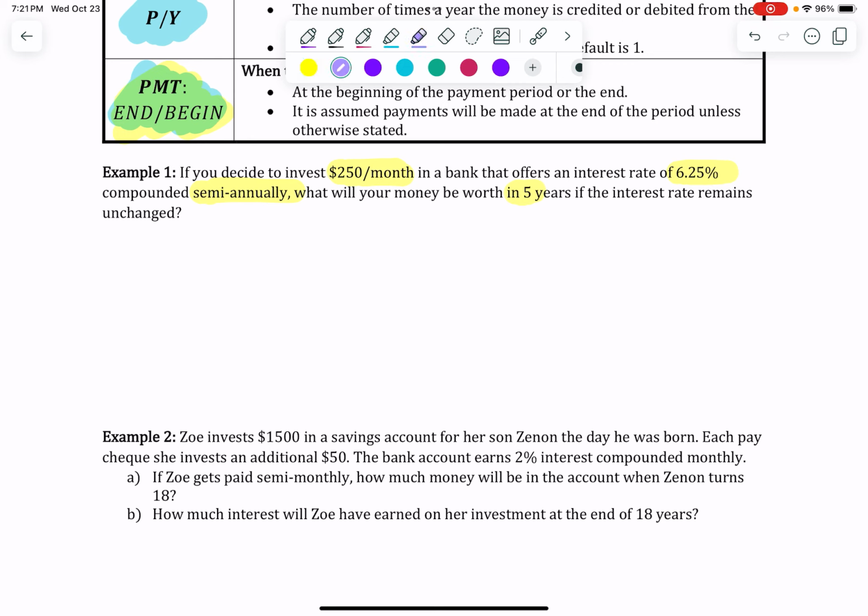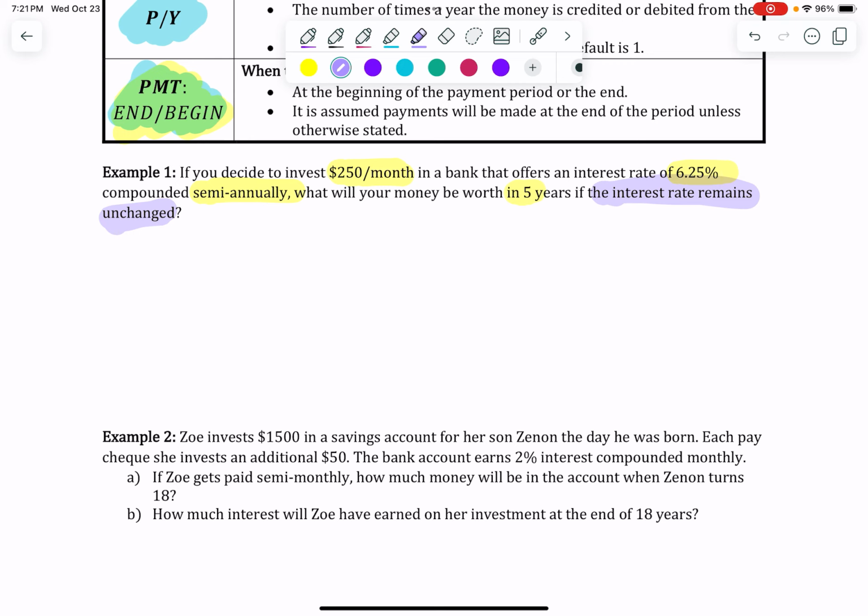Now, something I will point out, it says the interest rate remains unchanged. TVM could only handle questions where the interest rate is stagnant. It is staying the same. If my interest rate, say for example, changed after the first 3 years, so for 3 years it was 6.25%, but after 3 years it went down to 6%, I would have to do a separate TVM for every period of time where that interest was different, because I cannot input 2 interest rates.